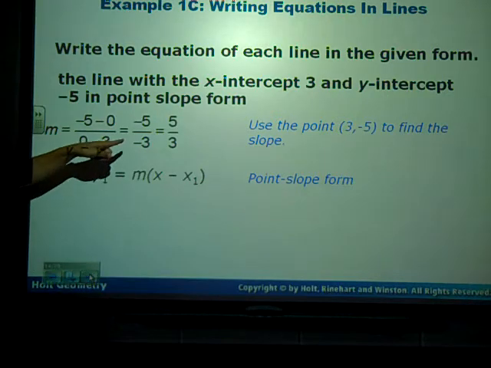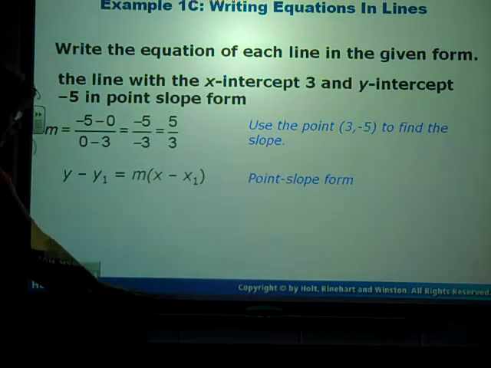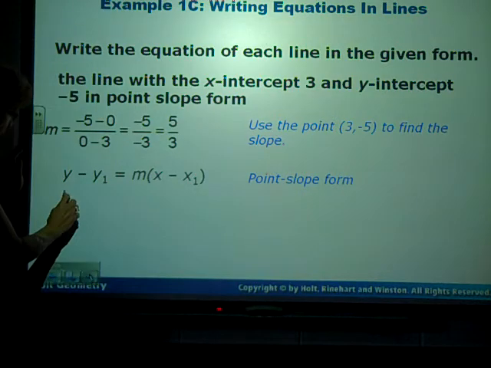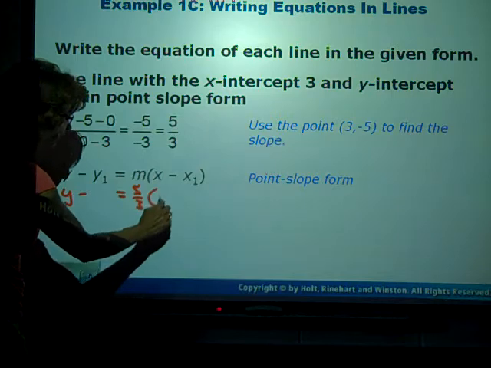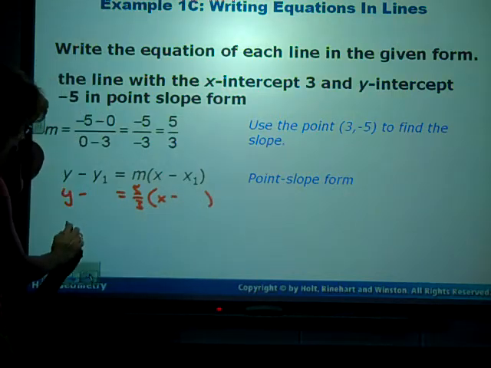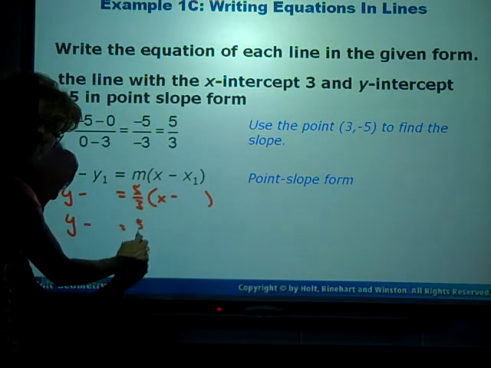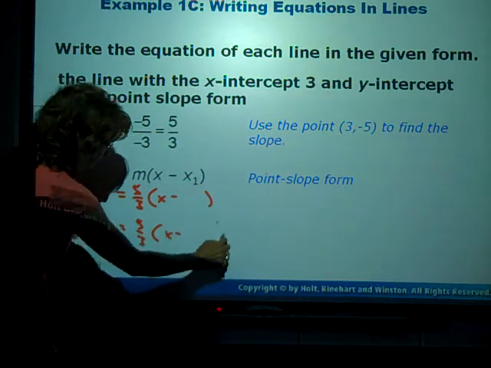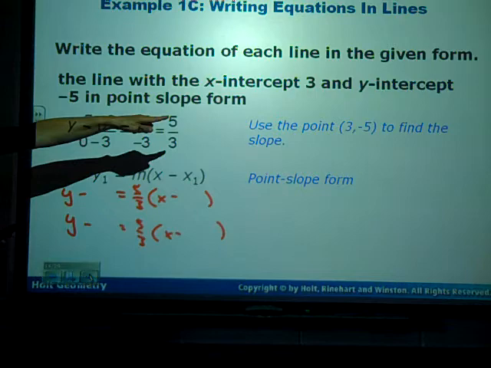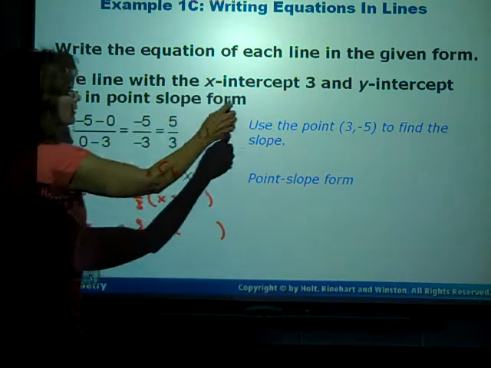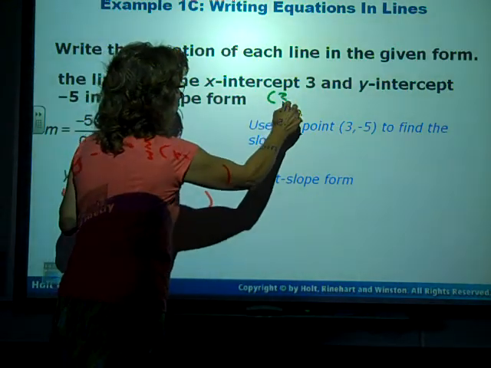And then I plug in, I can do it 2 ways now. I can say y minus equals, my slope is 5/3, x minus. And I was given 2 points. The x-intercept is 3, 0.